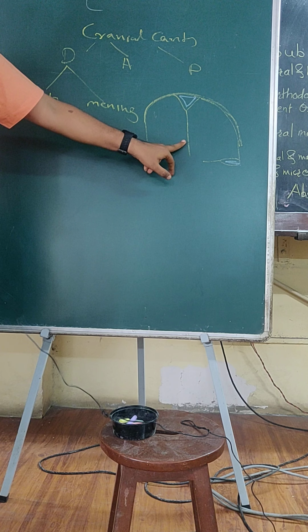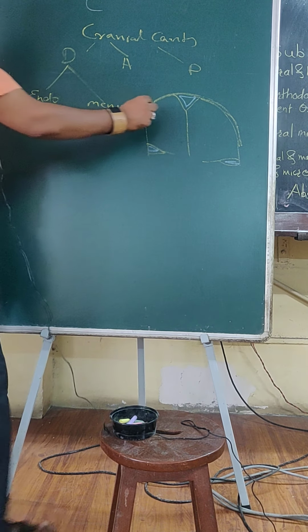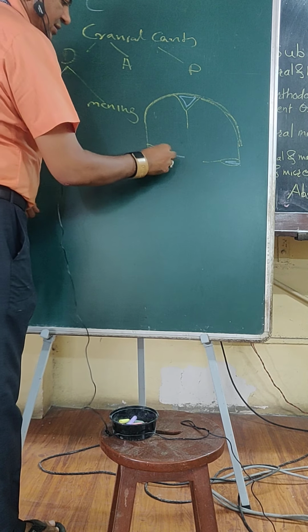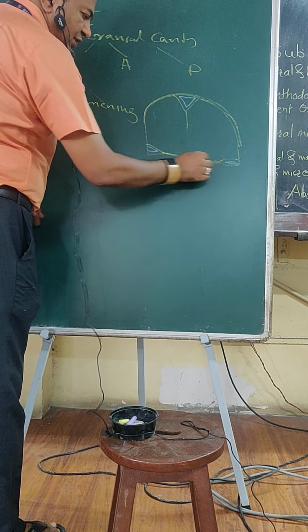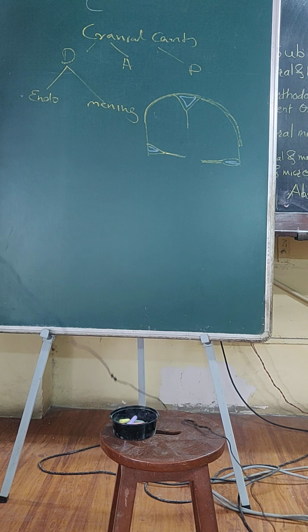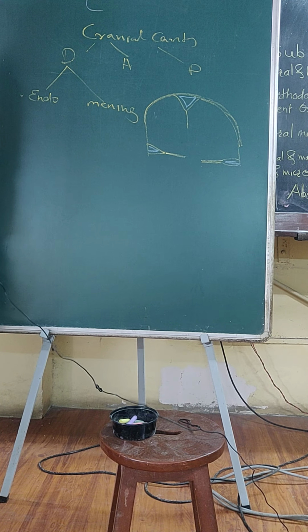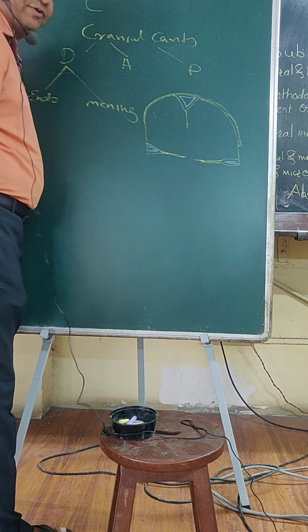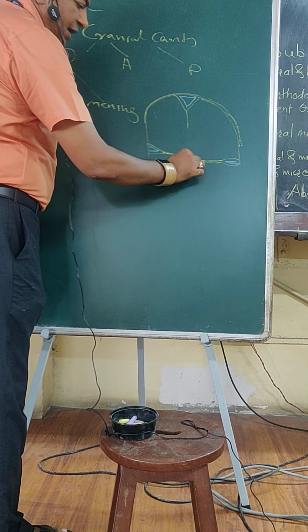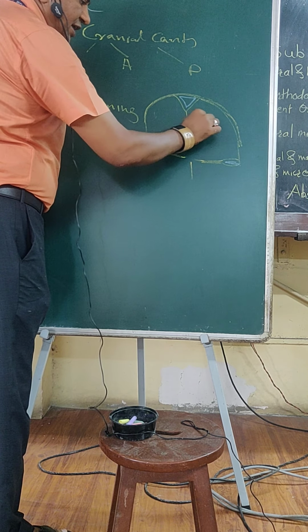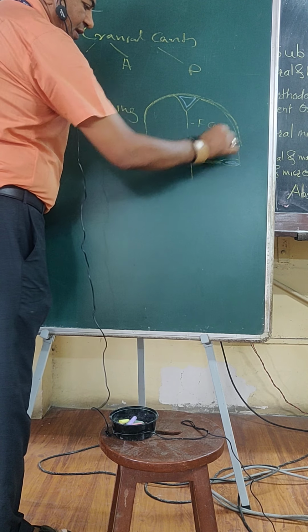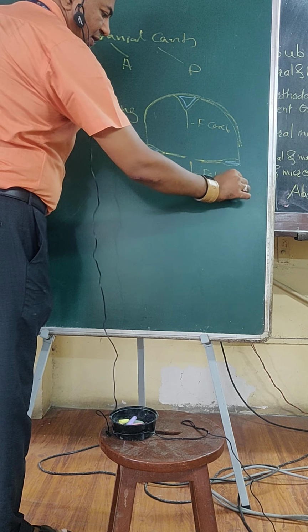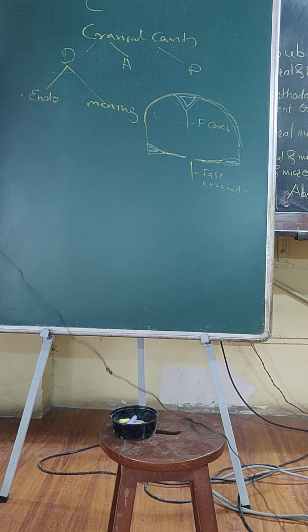Falx cerebri is here, separating the two cerebral hemispheres. Then there is one more fold called the tentorium cerebelli, which separates the cerebrum from the cerebellum. Lower down there is the falx cerebelli, which separates the two cerebellar hemispheres.